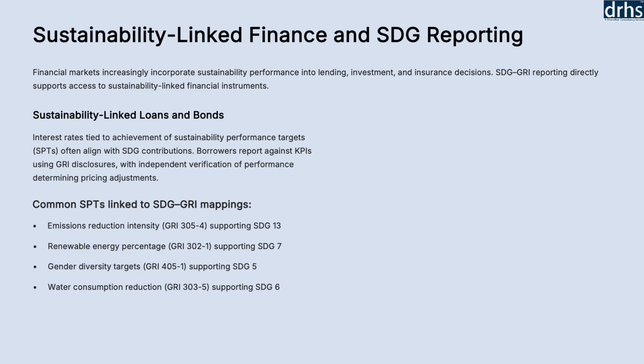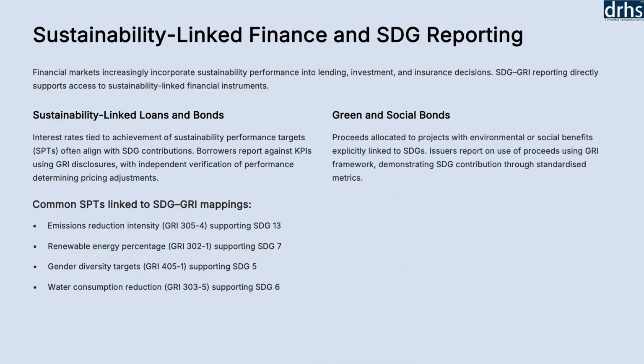SDG 6. Green and social bonds. They are use of proceeds instruments that finance projects delivering environmental or social benefits. Green bonds typically support renewable energy, energy efficiency, sustainable transport, and climate adaptation, aligning with SDGs 7, 9, 11, and 13.